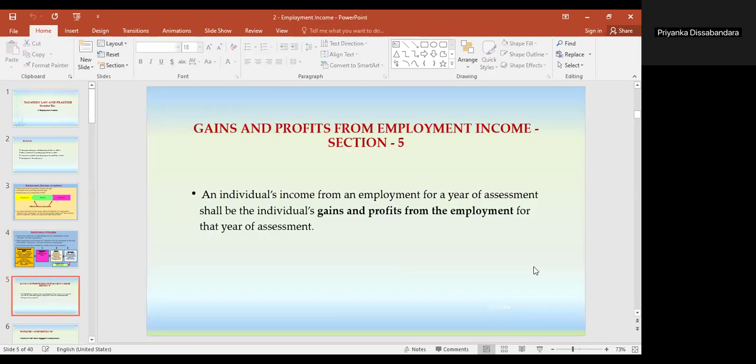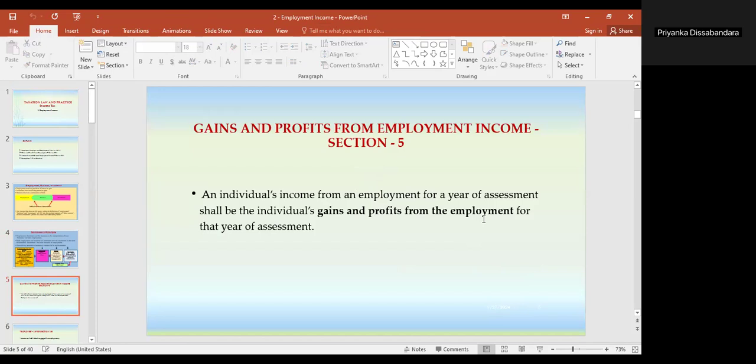Under section 5, it is for the consideration of gains and profits from employment. Normally we call it gains and profits from employment.